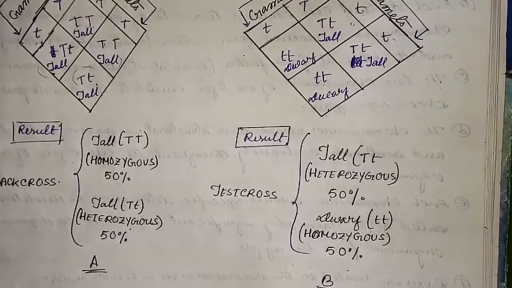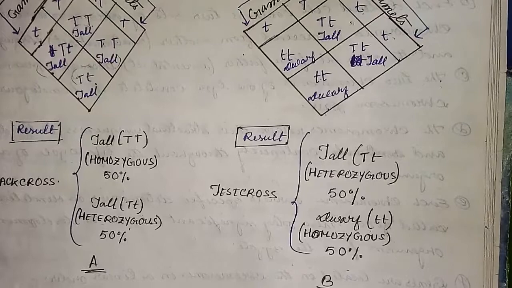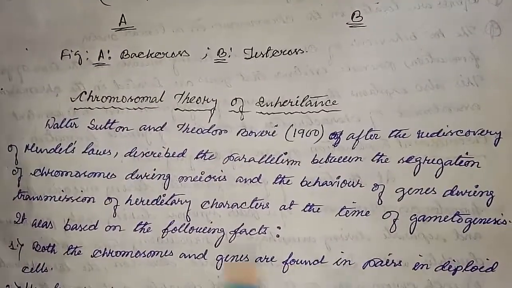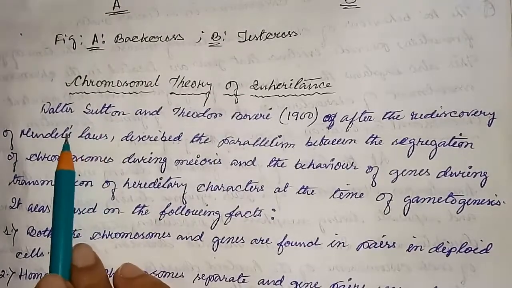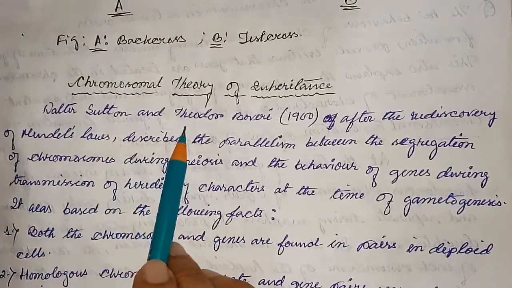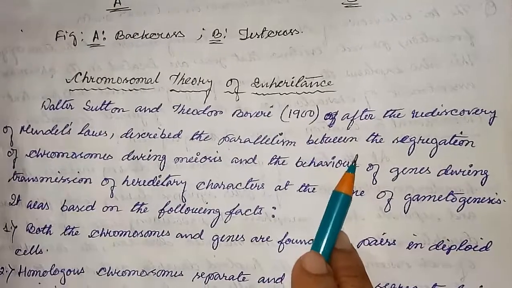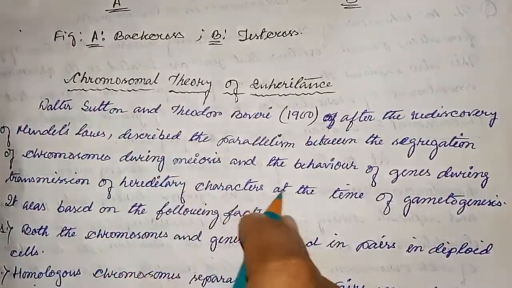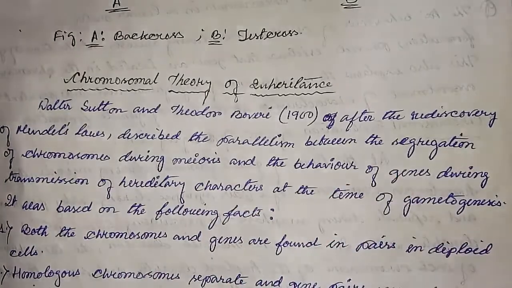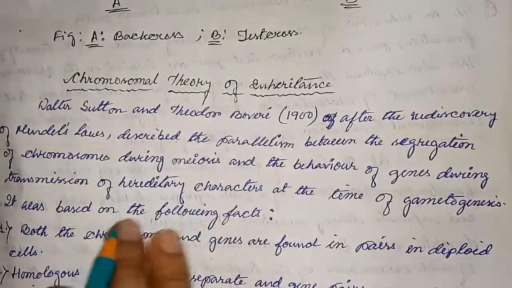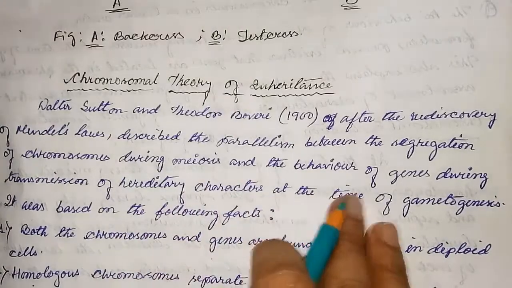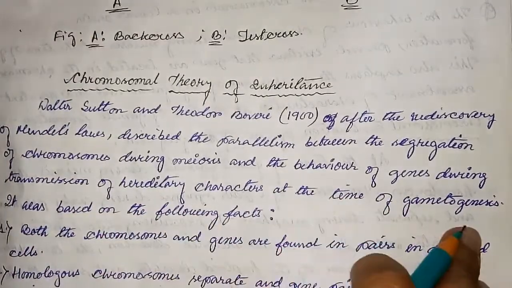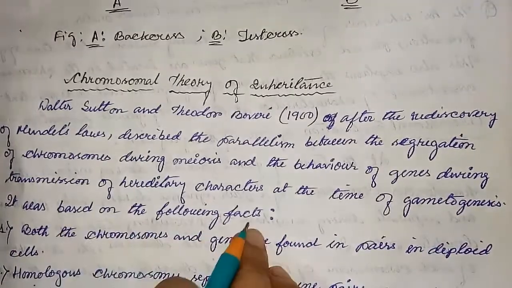Okay, now come to the chromosomal theory of inheritance. Walter Sutton and Theodore Boveri, after the rediscovery of Mendel's laws, described the parallelism between the segregation of chromosomes during meiosis and the behavior of genes during transmission of hereditary characters at the time of gametogenesis. It was based on the following facts.